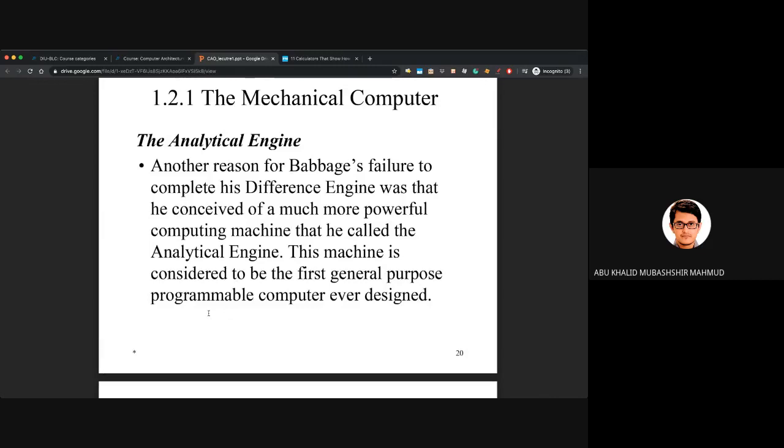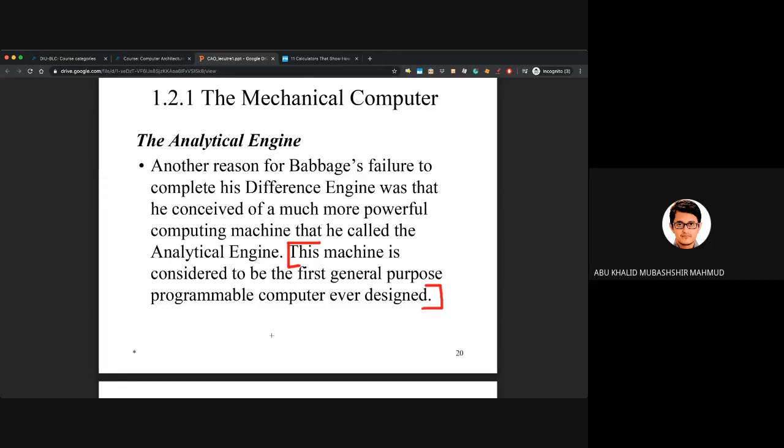The analytical engine, the actual mechanical computer. Here, this line is very important.